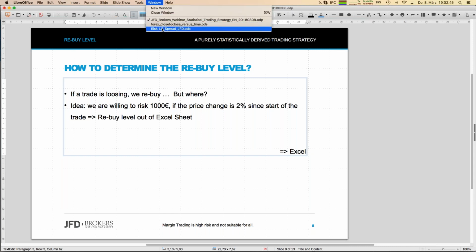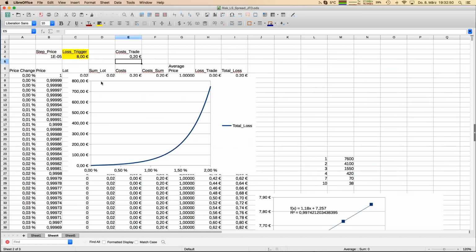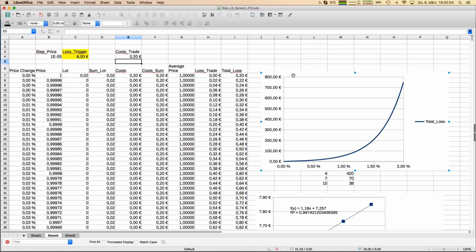To do that, we do a second step just in Excel. It's not complicated, and it's a little bit illustrating what we are doing here if our trade is going to the minus.